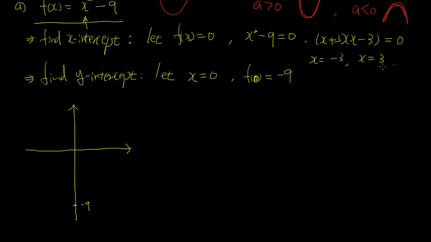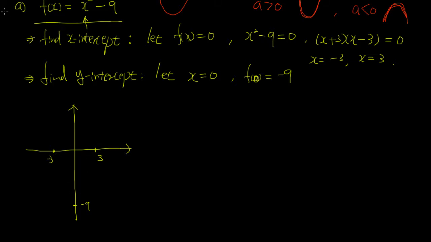The x-intercepts are negative 3 and positive 3. So let's say this is negative 3 there, and this is positive 3 there. It's going to pass through these two points and this point. You also notice that this is right in the middle between negative 3 and 3.